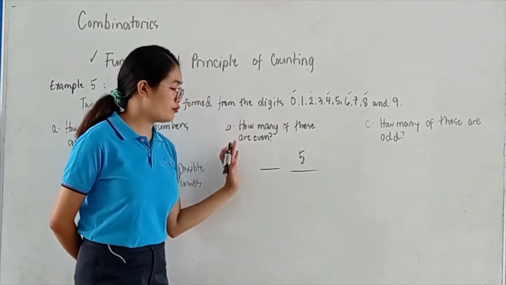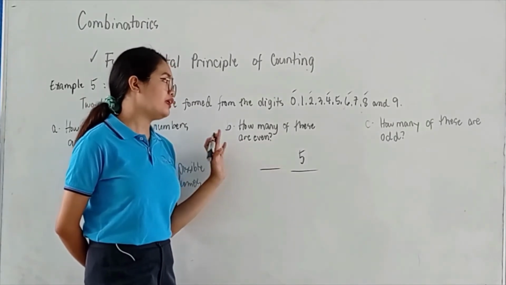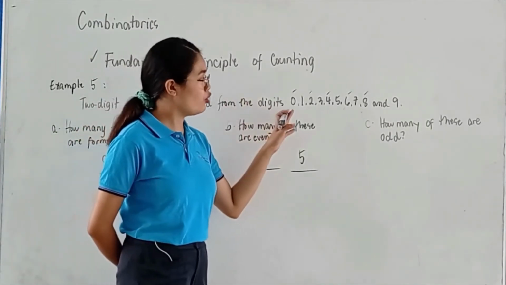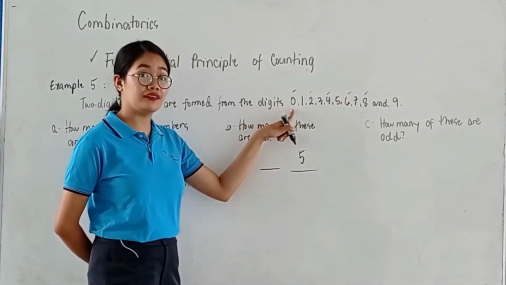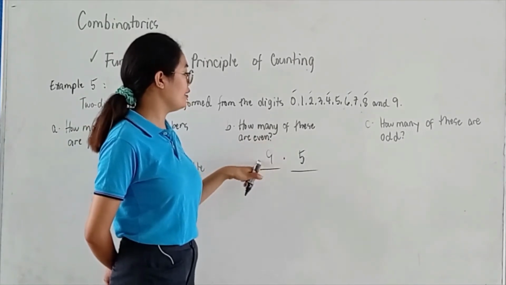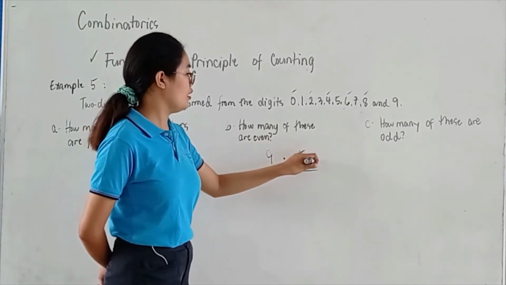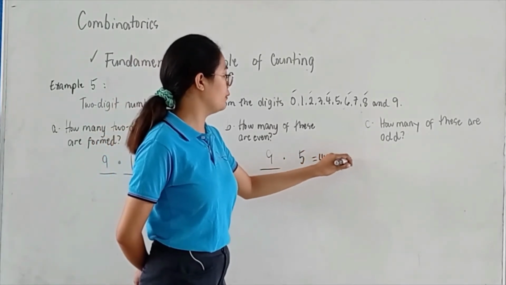And for the first position, we have 9 options out of the 10 because again, a two-digit number cannot start with 0. Multiplying them, we have 9 times 5 equals 45.